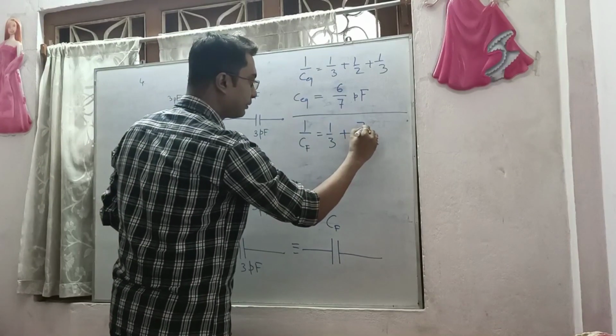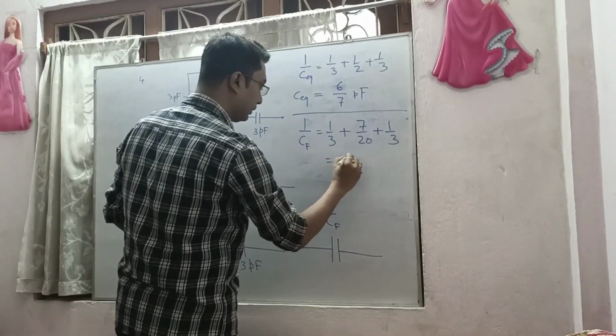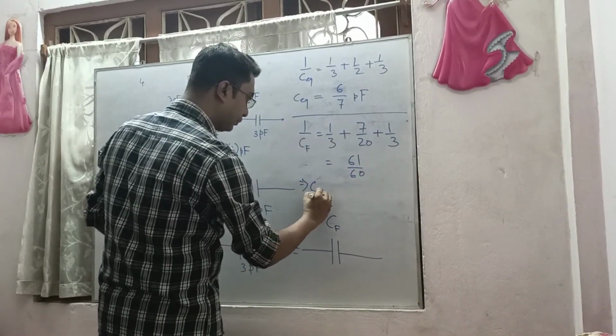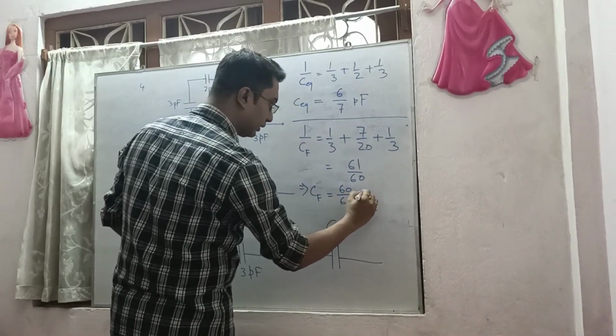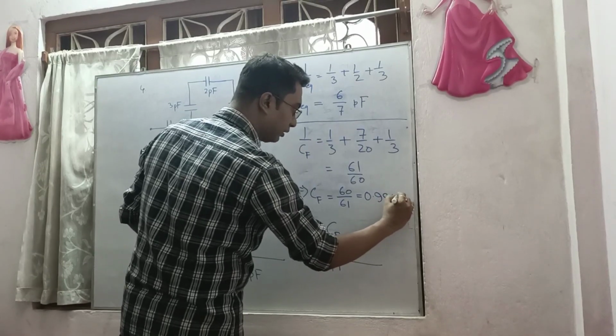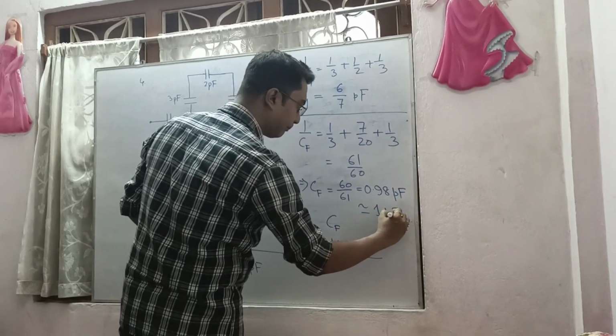So it will come out as 7 by 20 plus again 1 by 3. So it will be 61 by 60. So C final will be equal to the reciprocal of this, 60 by 61. So that is equal to 0.98 etc. picofarad. So we can approximately write it as 1 picofarad.